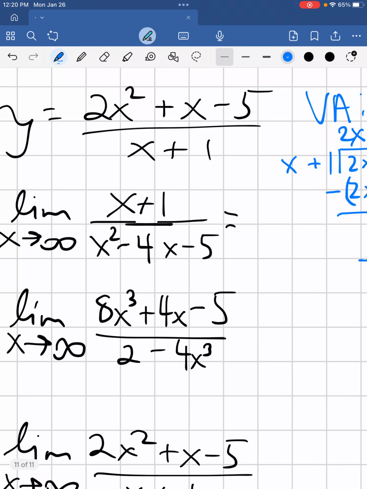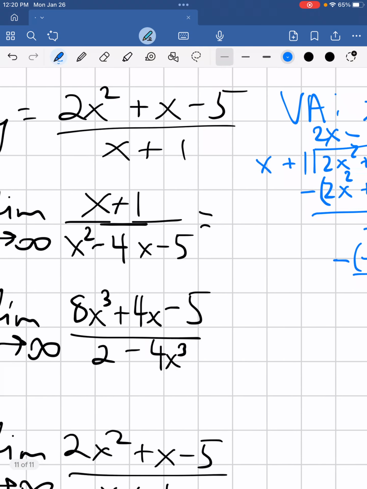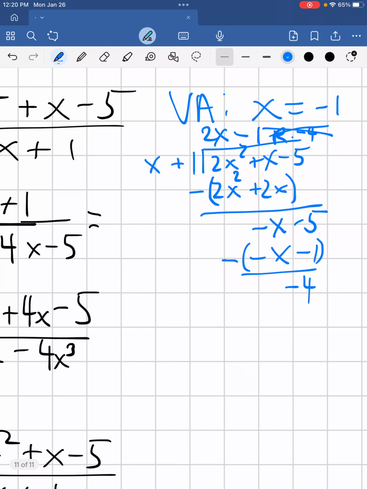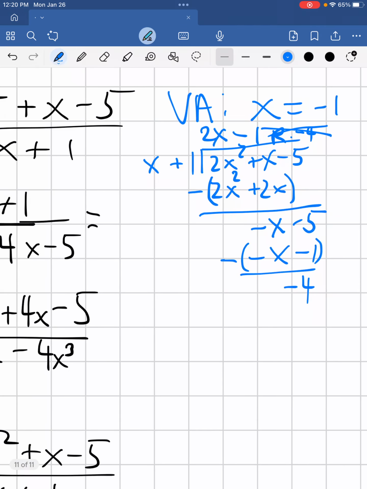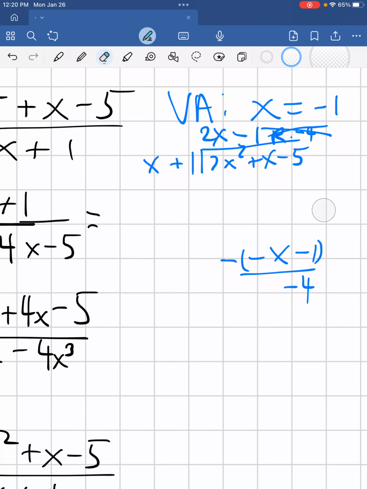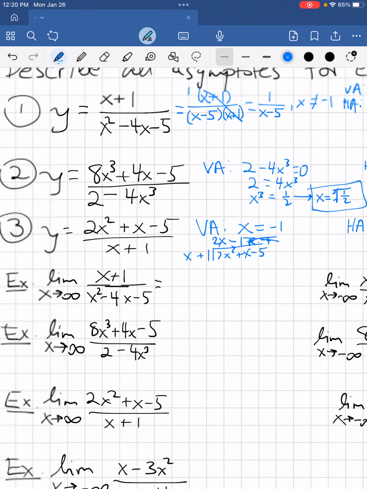Now let's actually take what we figured out. Now let's take what we figured out about these three functions and use them to evaluate some limits.